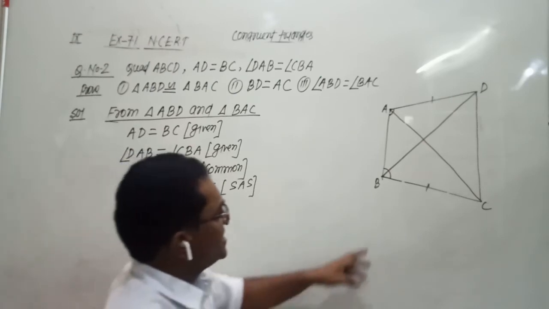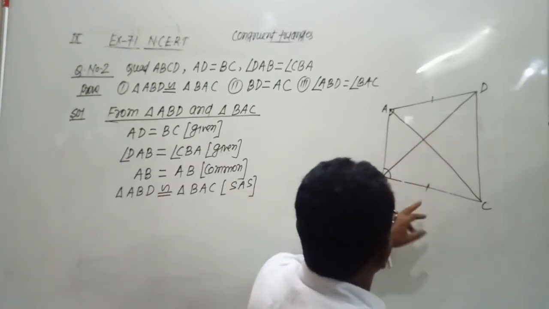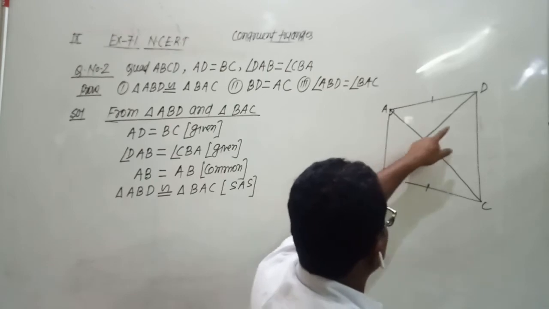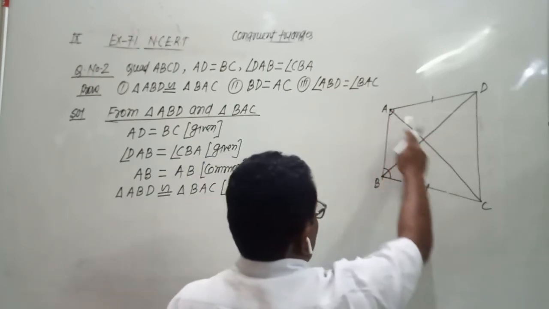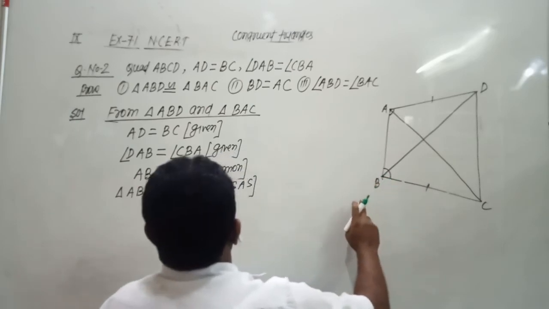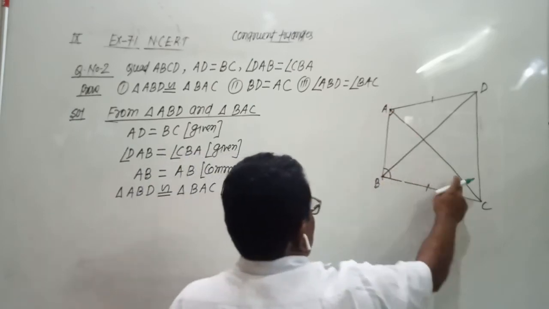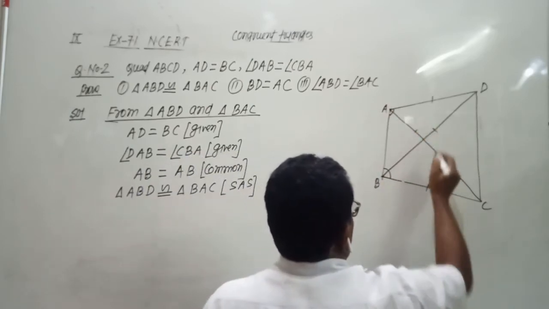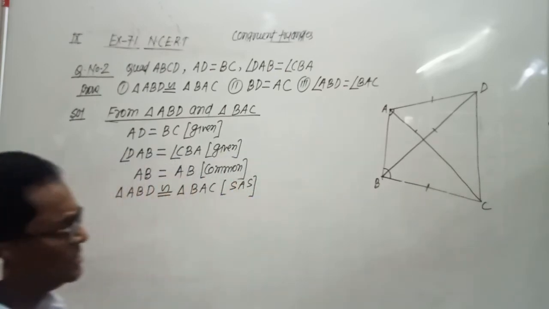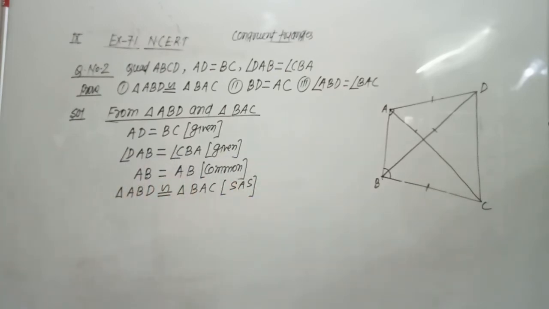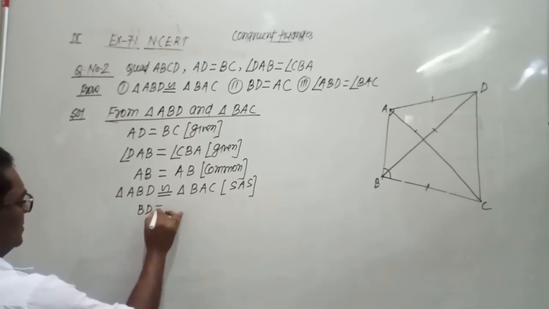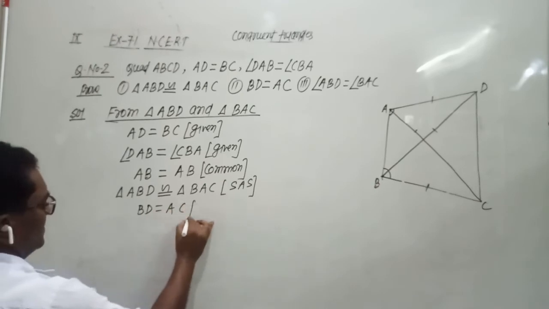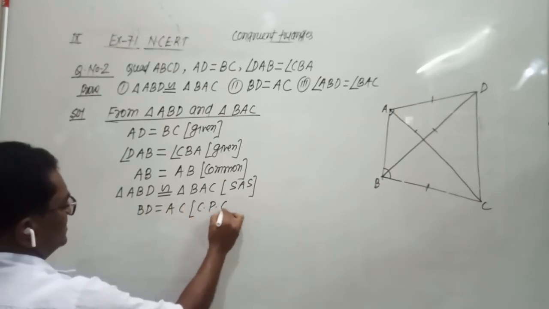Now side BD is a side of triangle ABD and AC is a side of triangle BAC, so these two sides are corresponding sides. So by CPCT, these two sides are equal. So BD equals AC by CPCT.